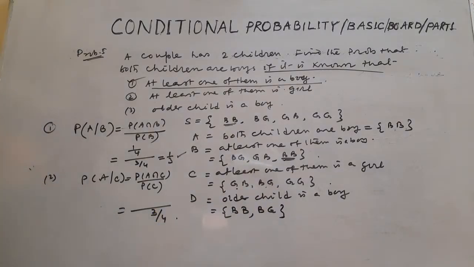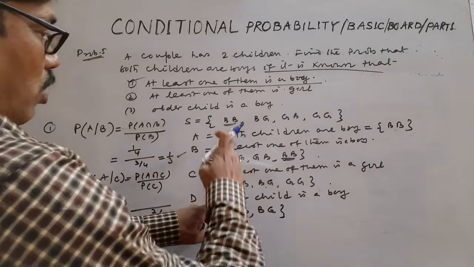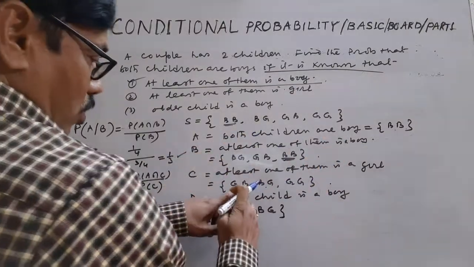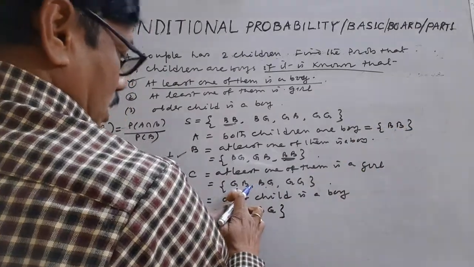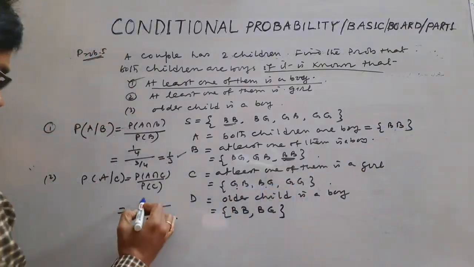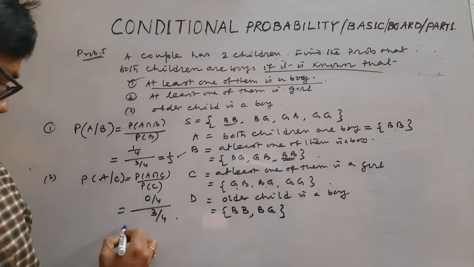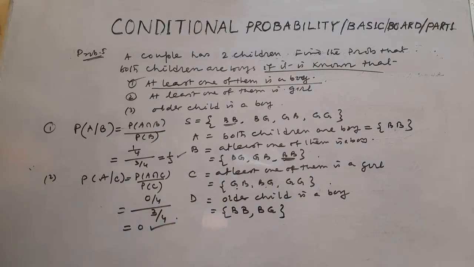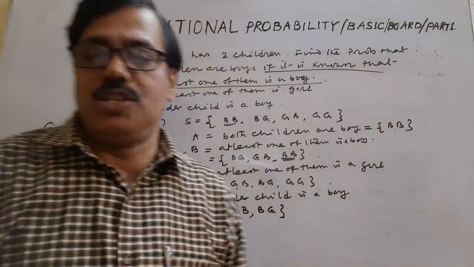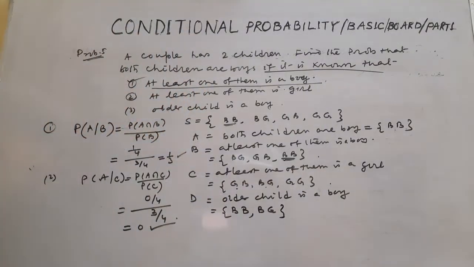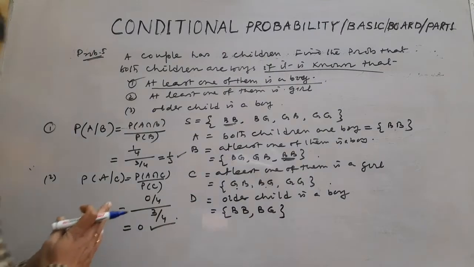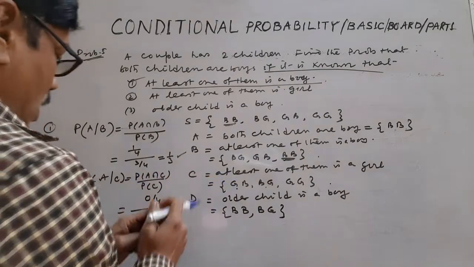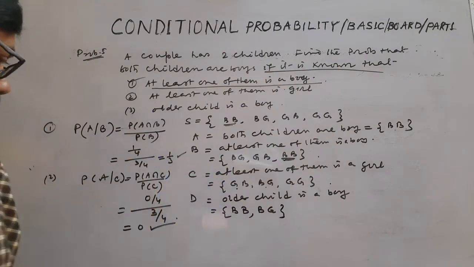And what is A intersection C? Common of A and C. Only BB in A, so no one is common. So this is 0 by 4. So this is 0. There is no common element in A and C.